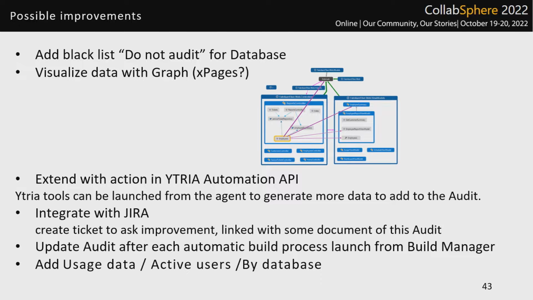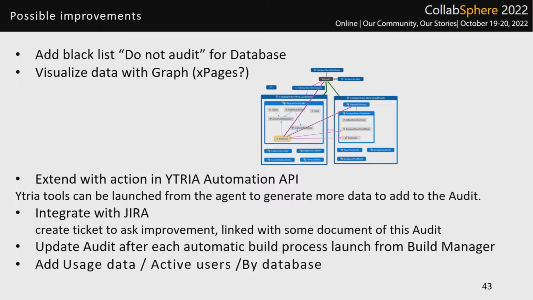On our list we have some possible improvements. We want to add a blacklist, do not audit, for databases, maybe a whitelist. We want to be able to extract the data and visualize it with a graph, maybe XPage, maybe another tool. We want to extend this database with an action triggered on the Ytria API.